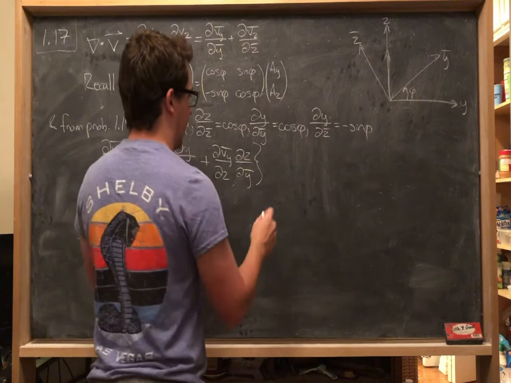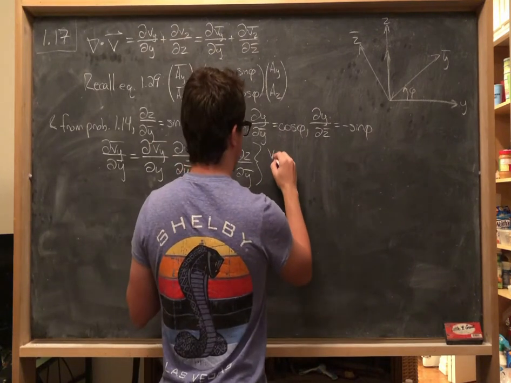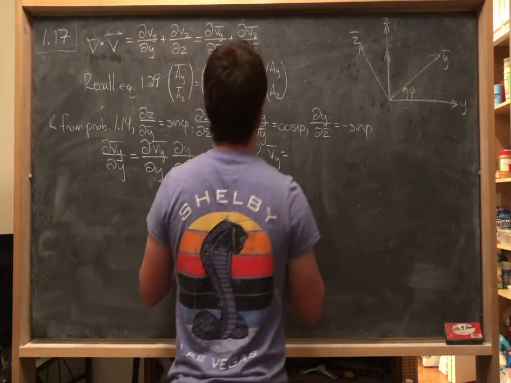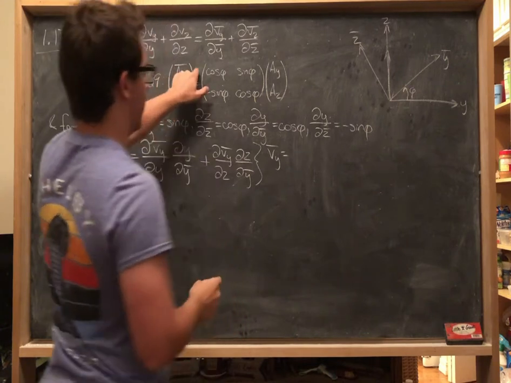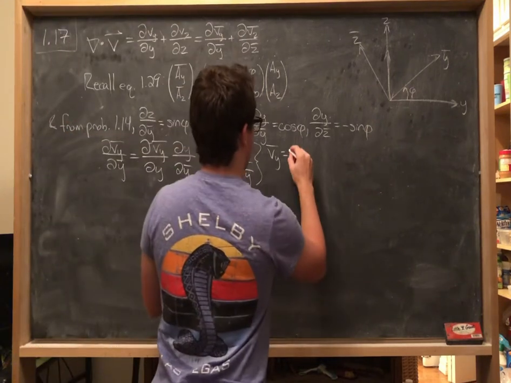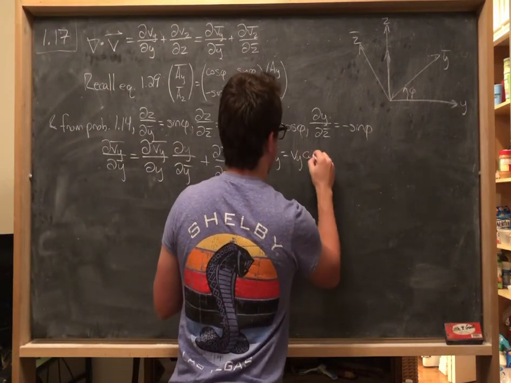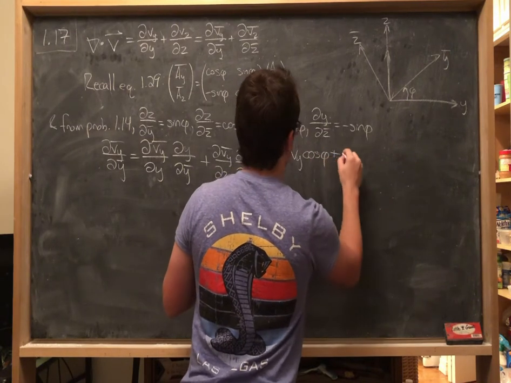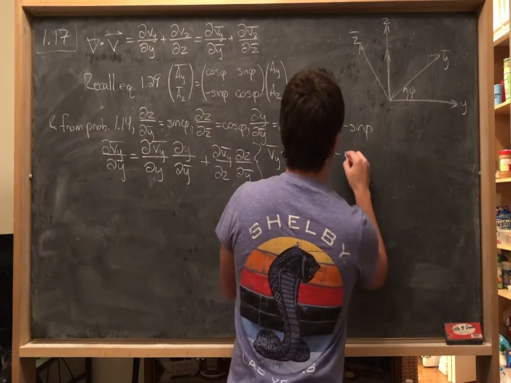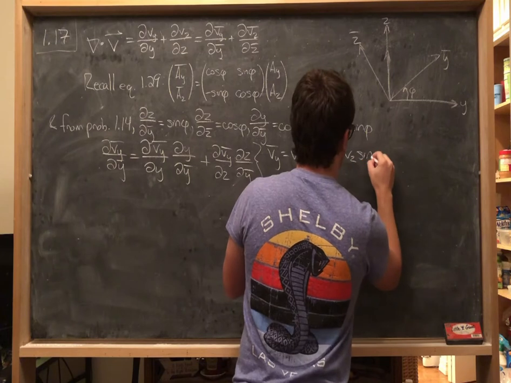But we also know that our Vy bar equals, using this equation here, Vy cosine phi plus Vz sine phi.